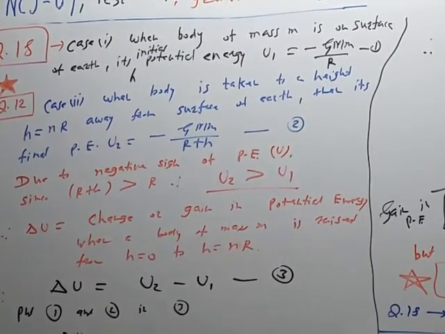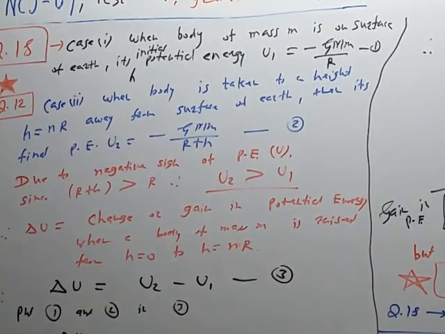So in both problem 18 and 12, we have to consider the two cases. Initially, the body is on the surface of the earth, where its potential energy is minus GMm upon R. Now at height h, the potential energy becomes minus GMm upon R plus h. Now R plus h is greater.